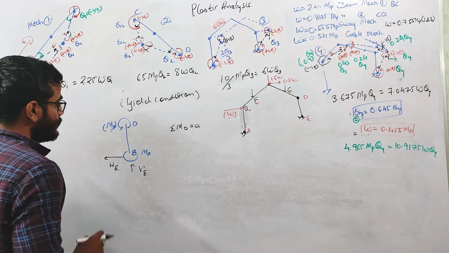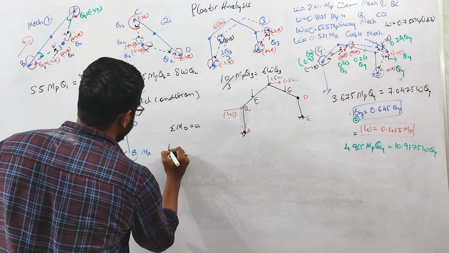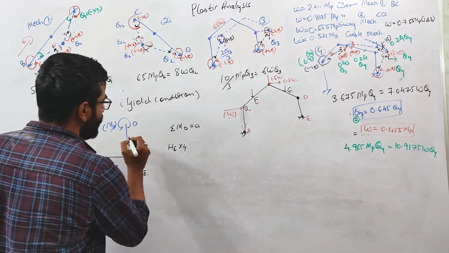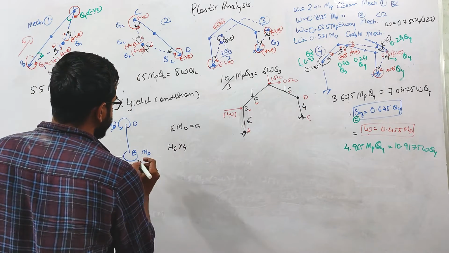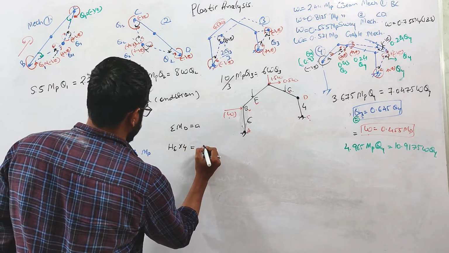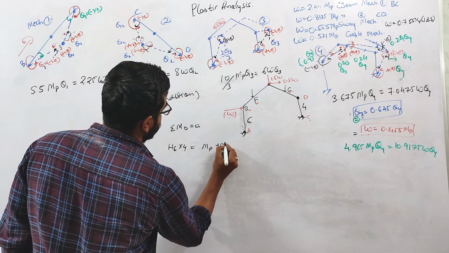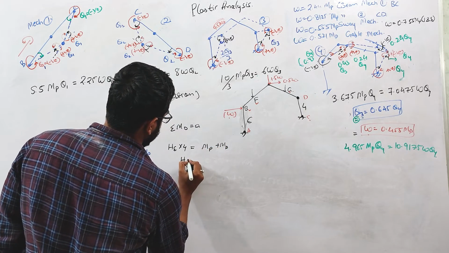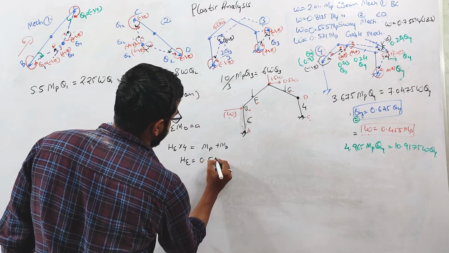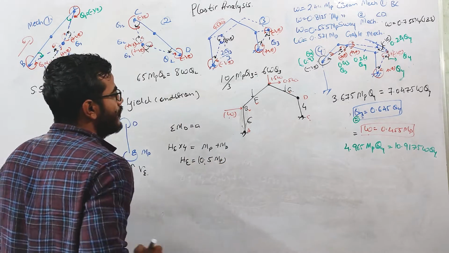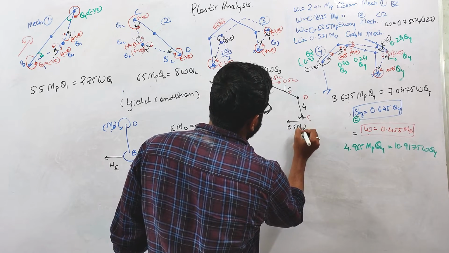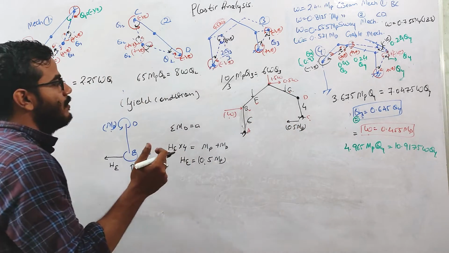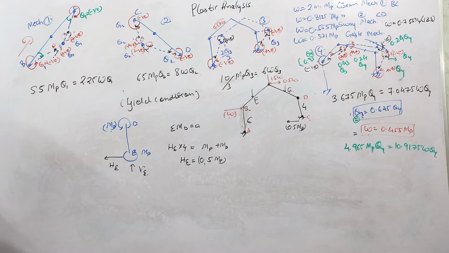So I can write HE into 4, as this distance is 4 and this is 6 meter, equals MP plus MP. From here HE will be equal to 0.5 MP. So one horizontal reaction is acting, of magnitude 0.5 MP, in the left direction.